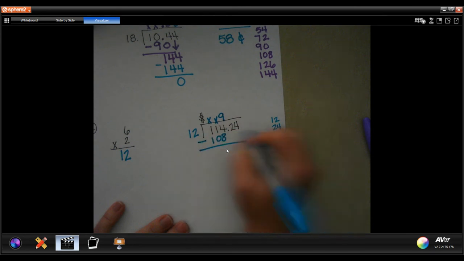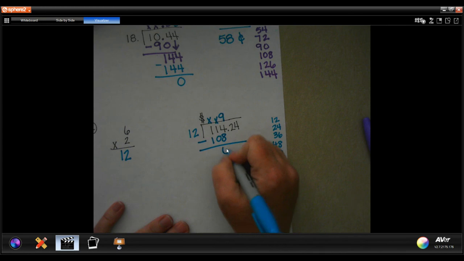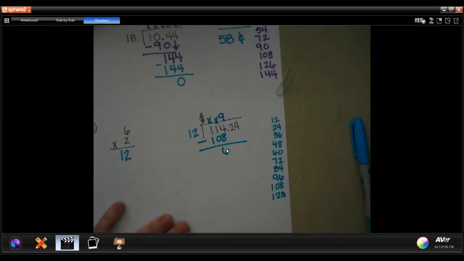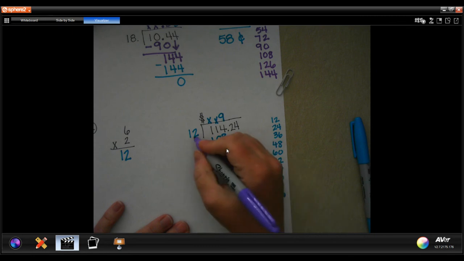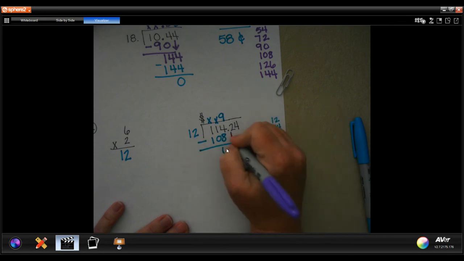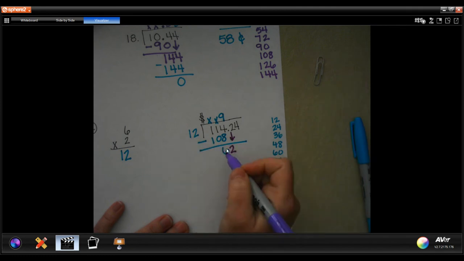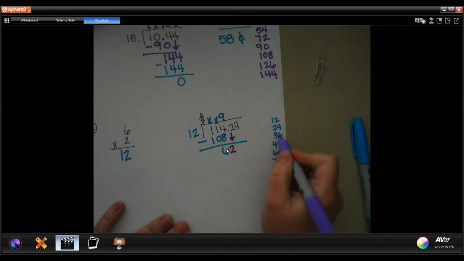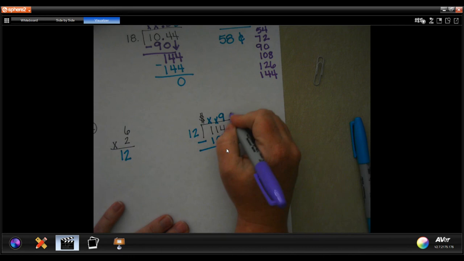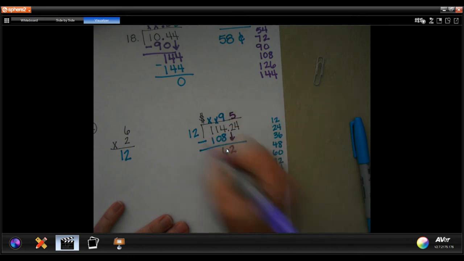When I subtract that, I would get 6. Okay. If you will look, then 6 is smaller than 12. So I can bring down my 2. Okay. 12 will go into 62 1, 2, 3, 4, 5 times, which is 60. 5 times 12 is 60.